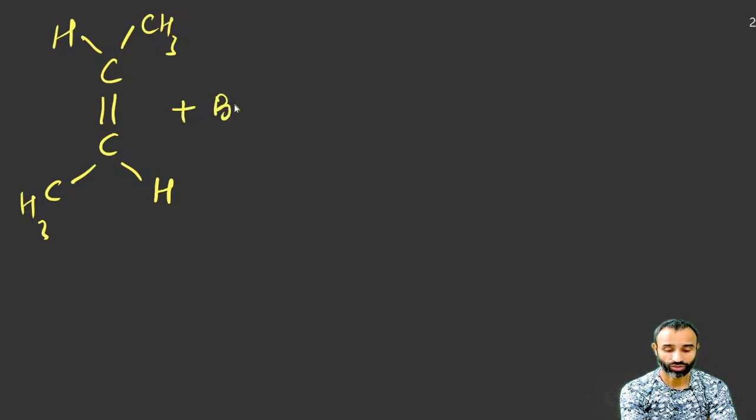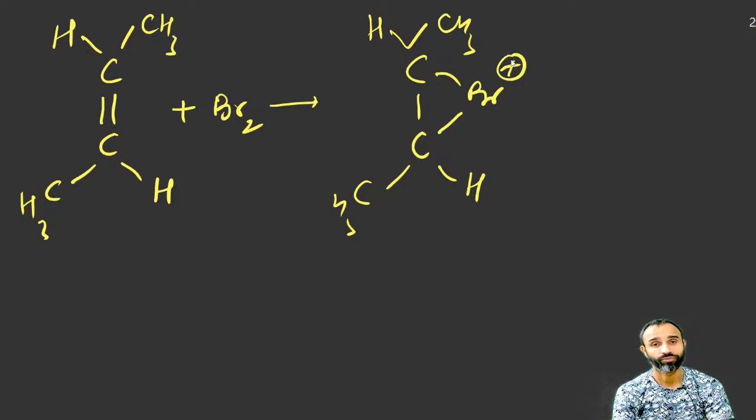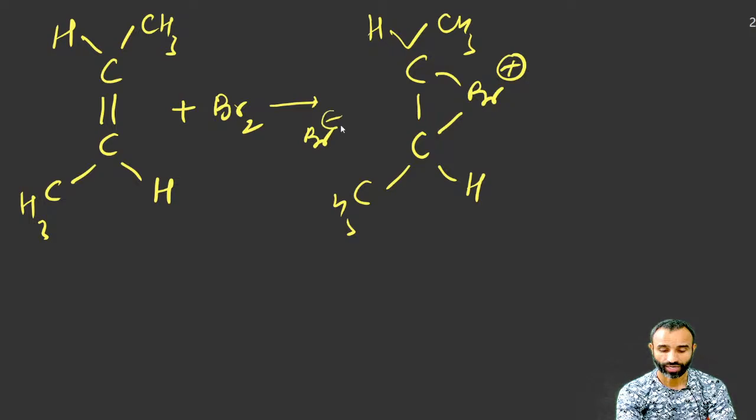Again, addition of bromine, the same way we get a cyclic bromonium ion, attack of Br negative from the opposite side.